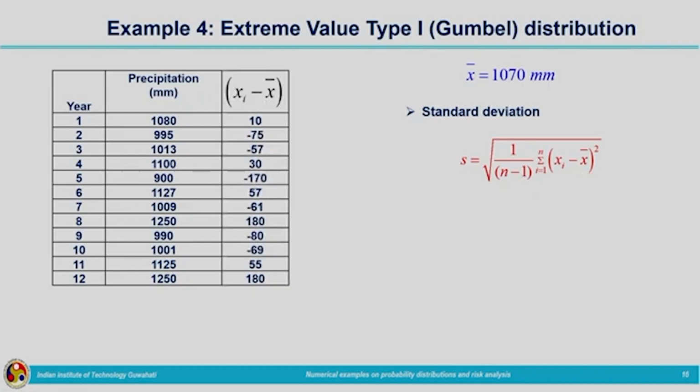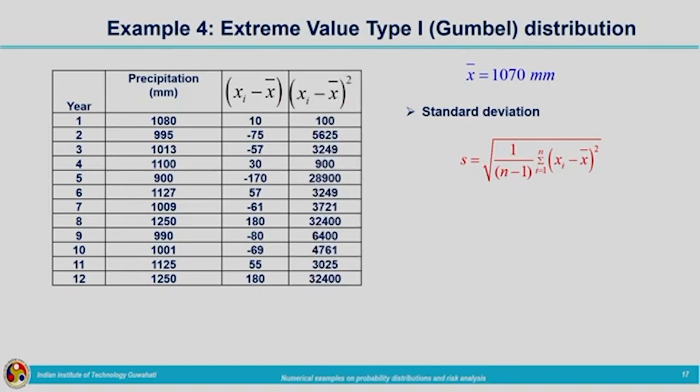We can compute xi minus x bar, it is calculated over here in this column, and next we can calculate xi minus x bar all square, that is also calculated. And after that we can get the summation of xi minus x bar square, and that can be substituted here in this expression for s. The sum of sigma i is equal to 1 to n, xi minus x bar all square is coming out to be this much.